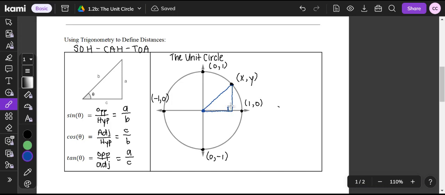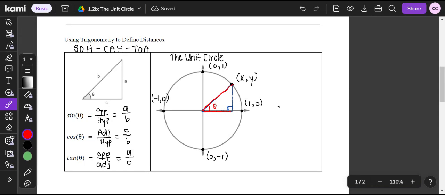Here's my right triangle. And we learned in the last lesson that there is a standard angle right here and right here. In between those two rays, there is an angle, and it is theta. I don't know what that angle is necessarily.